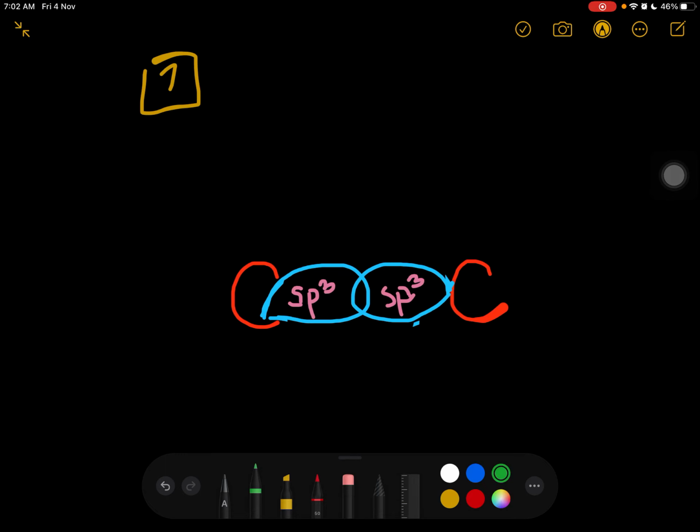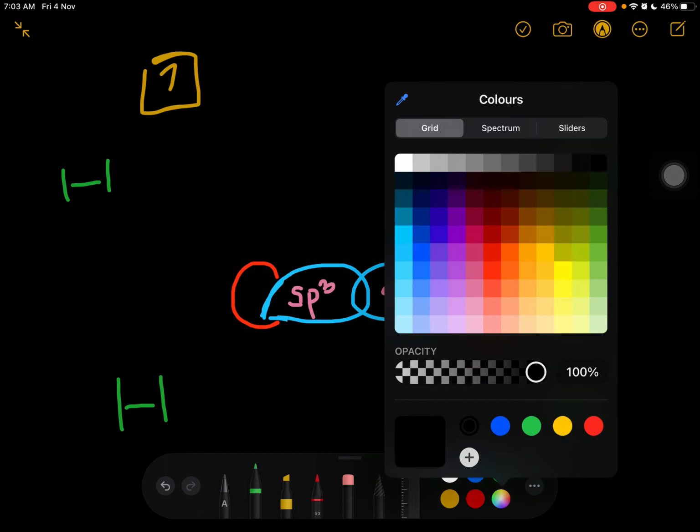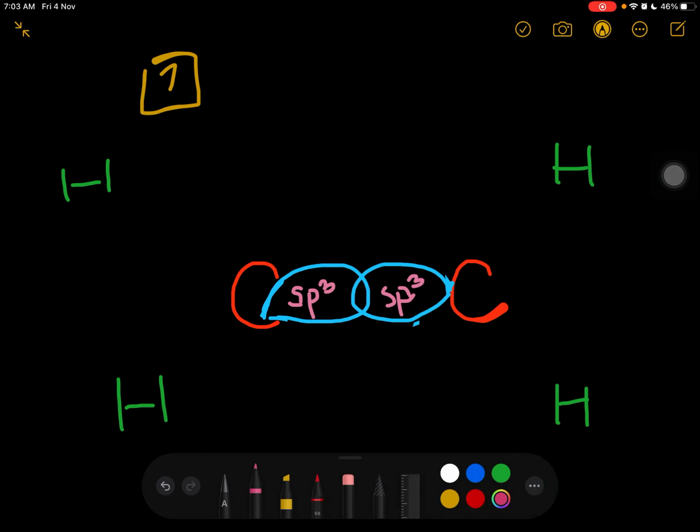Now each carbon will join with hydrogens like this.